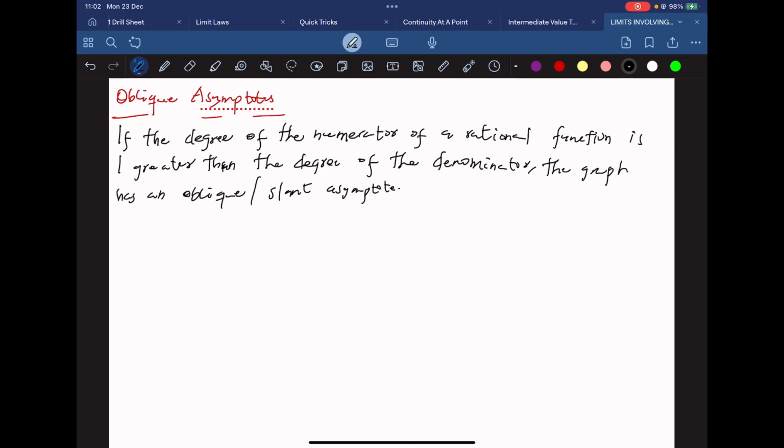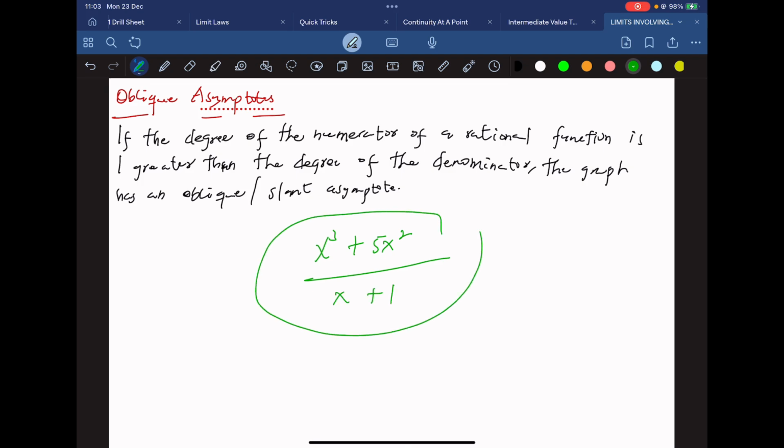So that basically means that, for instance, if you have s cubed plus 5s squared over x plus 1, there is no oblique asymptote. Why? Because the degree of the numerator is 3, and the degree of the denominator is 1. 3 minus 1 is 2.